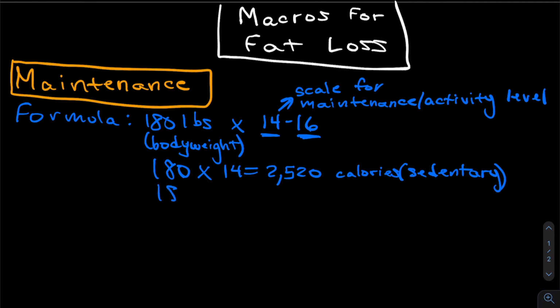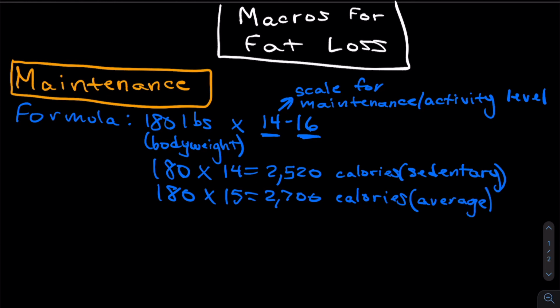For someone that's 180 times 15 equals 2,700 calories for someone on average. And then 180 times 16 equals 2,880 calories, which would be around the very active level.